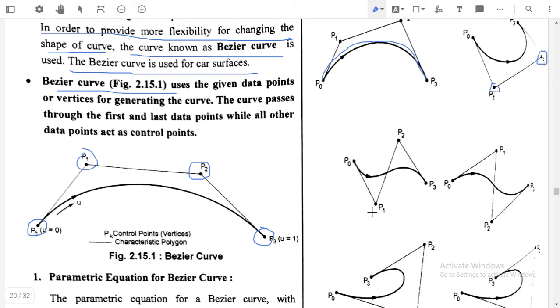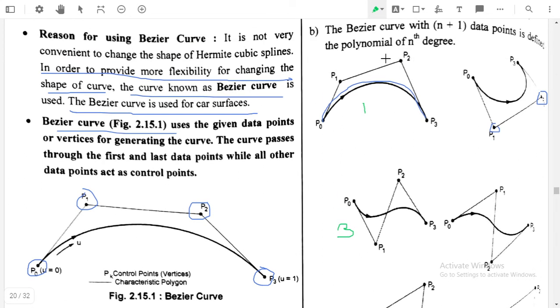Okay, if we change any control point, means in this case there are two control points P1 and P2. See here, suppose I mark this as image 1 and this as image 3. In image 1, this is the position of the point P1 and this is the position of the point P2.